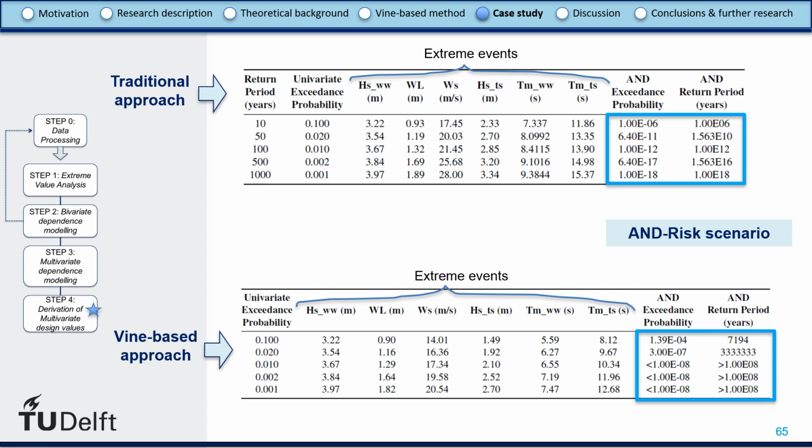So if we would fix a specific return period or a specific level of risk, we would achieve larger values for the traditional approach than for the vine-based methodology. And this might or might not translate into a more conservative, so more expensive, design for the traditional approach, and a cheaper or less conservative design for the vine-based approach.